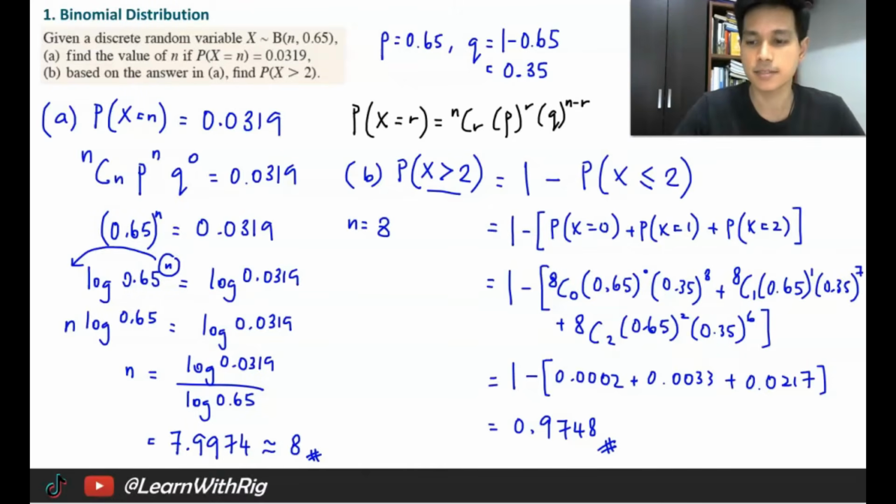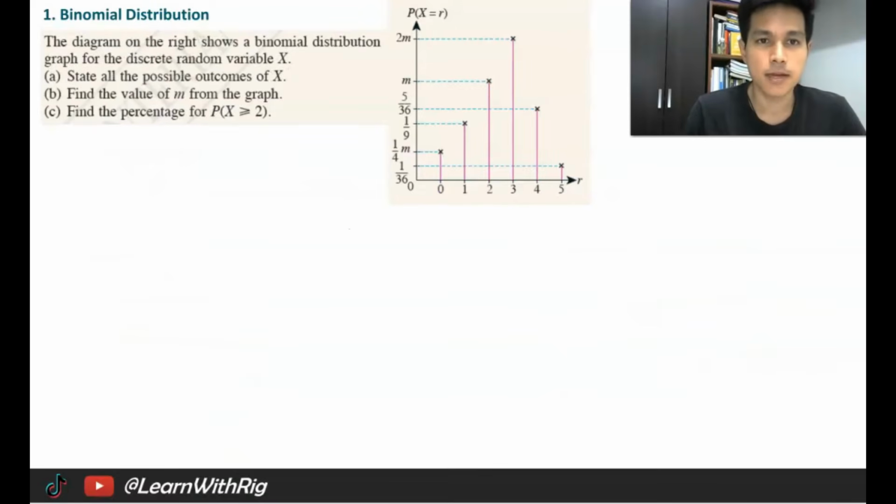Next. The diagram on the right shows a binomial distribution. Just now we drew the binomial distribution graph, and now they gave you the graph and ask you to state all possible outcomes of x.